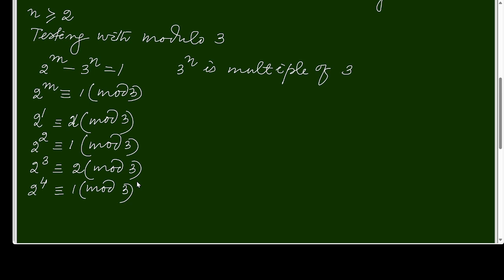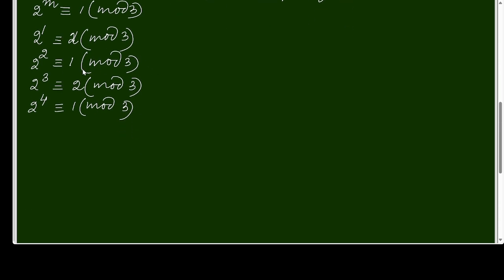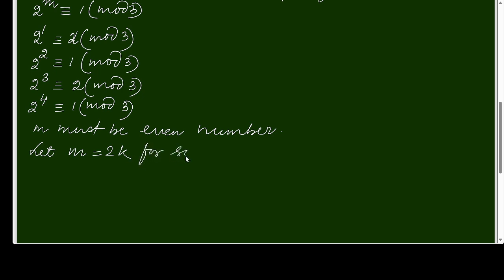So it is a cycle of 2, 1, 2, 1. So what does it mean? It means that m must be an even number. So if m is an even number, let m equals to 2k for some positive integer k.